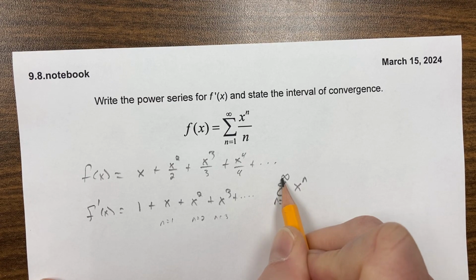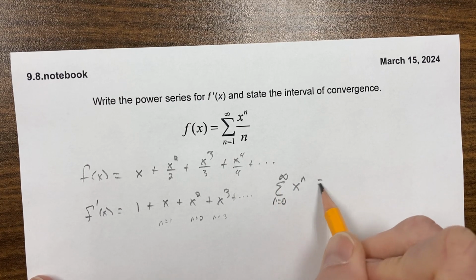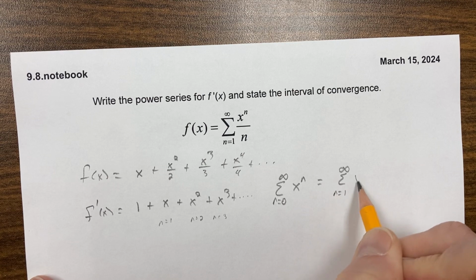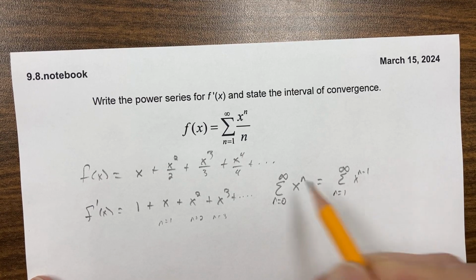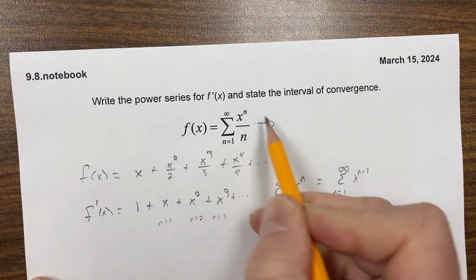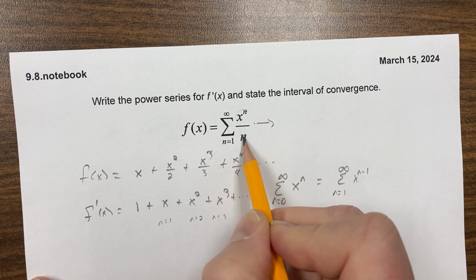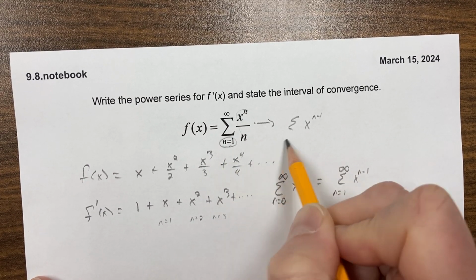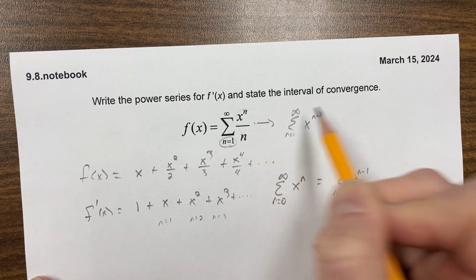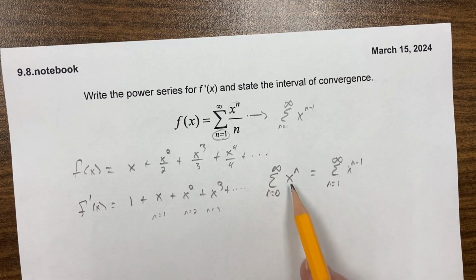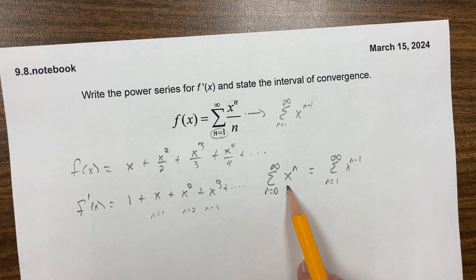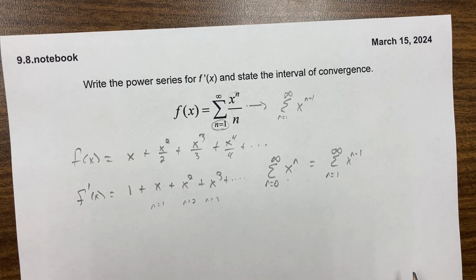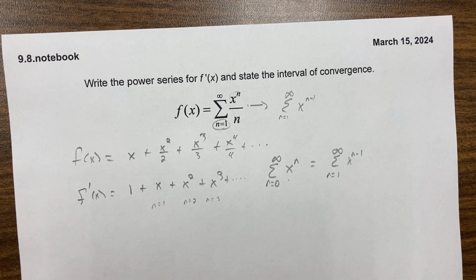From 0 to infinity. Now that is the same as x to the n minus 1, which we would have gotten if we just came up here and said drop the n, let them cancel. We have x to the n minus 1, and kept it for where it started, right? Like these are the same thing, and so it doesn't matter which one you use to write something like that out, that's what you'll get, okay?